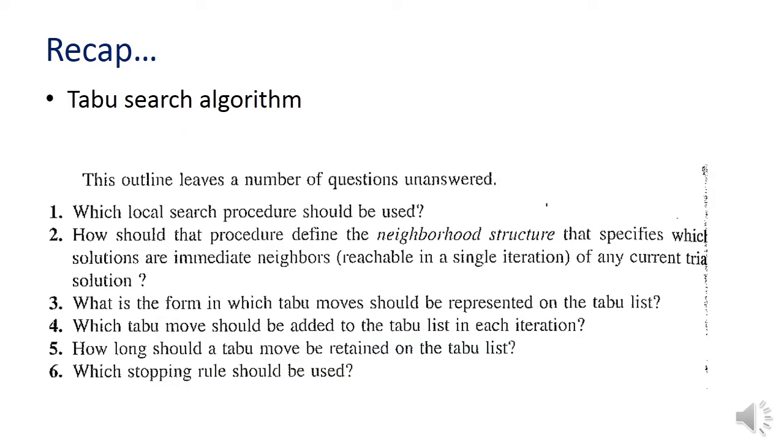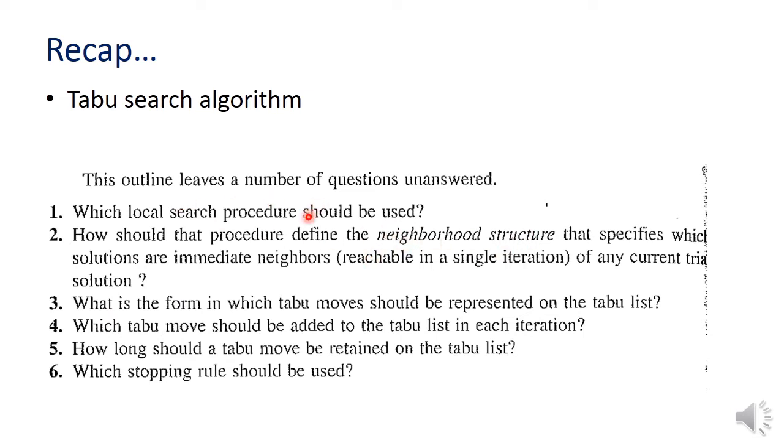As a recap, let us revise the tabu search algorithm. Tabu search starts with the local search procedure. From the current solution, using the neighborhood structure, we get the next solutions.